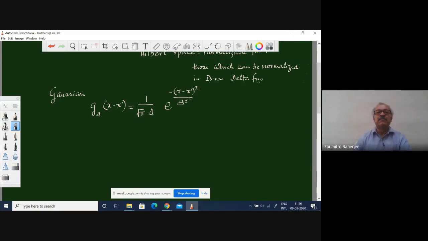This is a function centered at x equal to x prime. It has width delta, height 1 by root pi delta, and unit area.